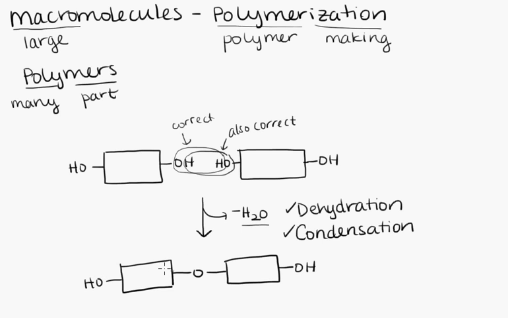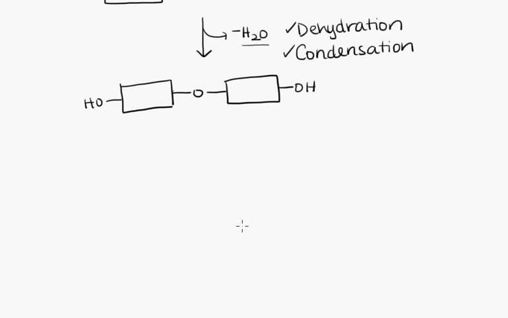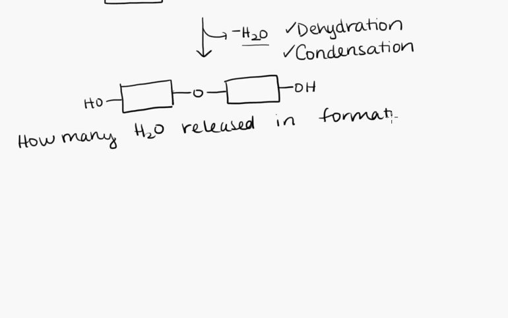Alright, so one of my favorite questions to ask on exams and on quizzes is how many water molecules will be released in the formation of a polymer 10 units long, for example. So here we go. How many water molecules are released in formation of a polymer?